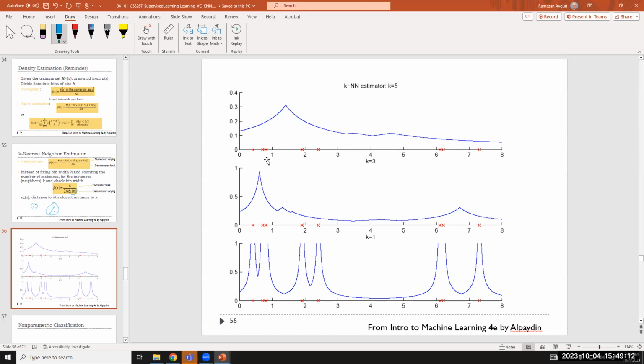For k equal to 3, this is the most dense area, and there's also some density here. For k equal to 1, there will be times where the distance is 0, so it's going to go infinite. Maybe it's not a good one to try out, but you are going to see where the data is appearing: this location, this location, this location.